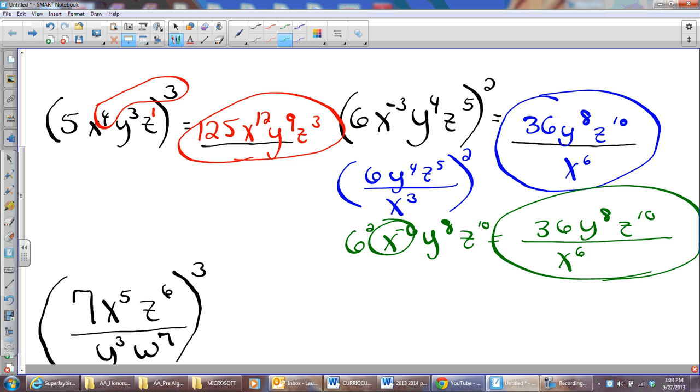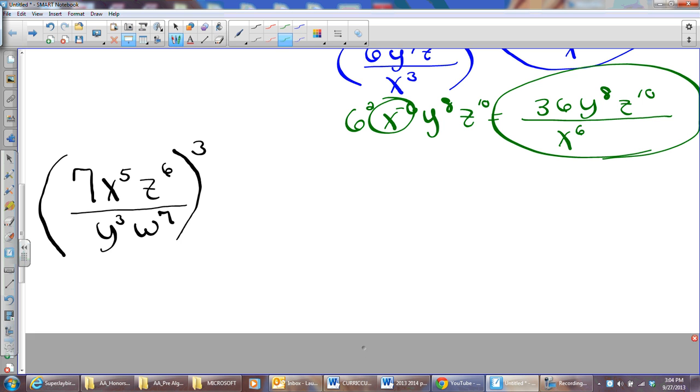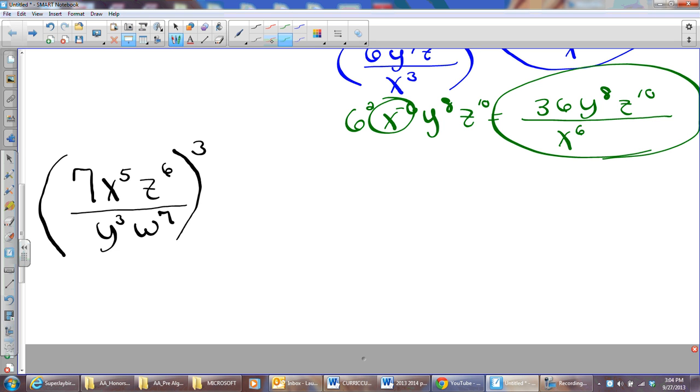All right, one more example for you, and that will be the end of this video. This problem should be no different than the one I just did. We're going to do 7 cubed, and we're going to x to the 5 times 3 power, z to the 6 times 3 power, y to the 3 times 3 power, and w to the 7 times 3 power.